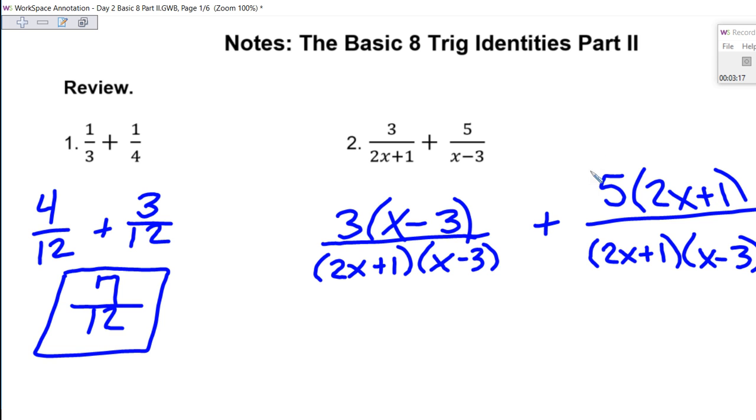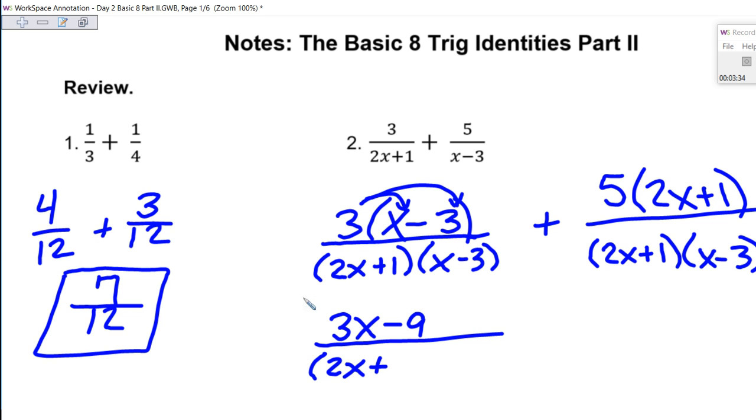Now go ahead and distribute the 3 and distribute the 5. So 3 times x is 3x, and 3 times negative 3 is negative 9. And for the second fraction, distribute the 5.